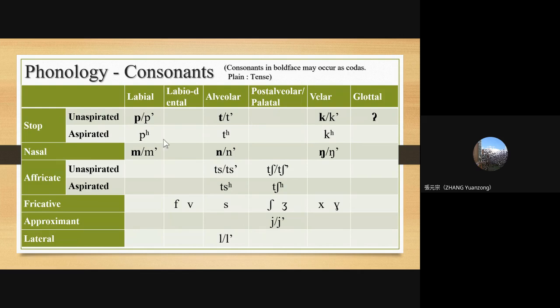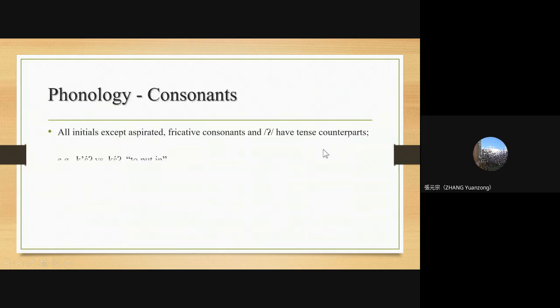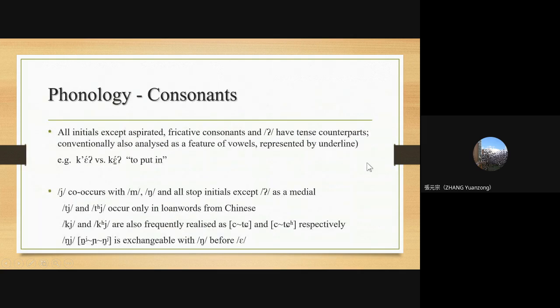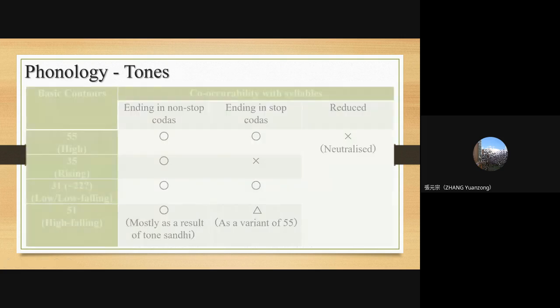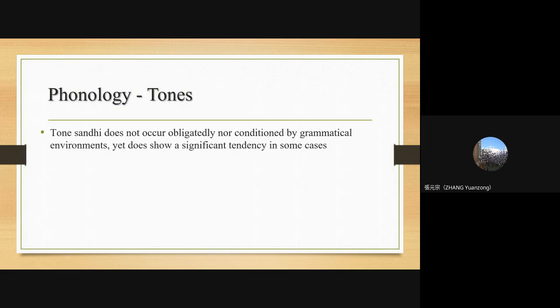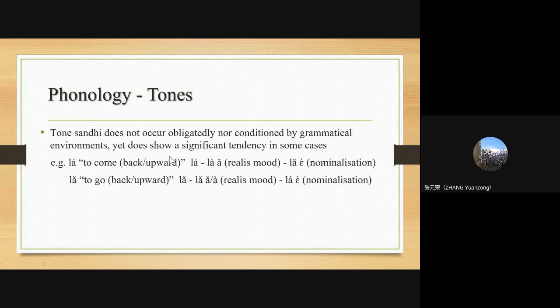The consonants which could be a coda are b, d, g, ng, m, n, and one more. So it has seven. And it has four tones with some tone sandhi phenomena.